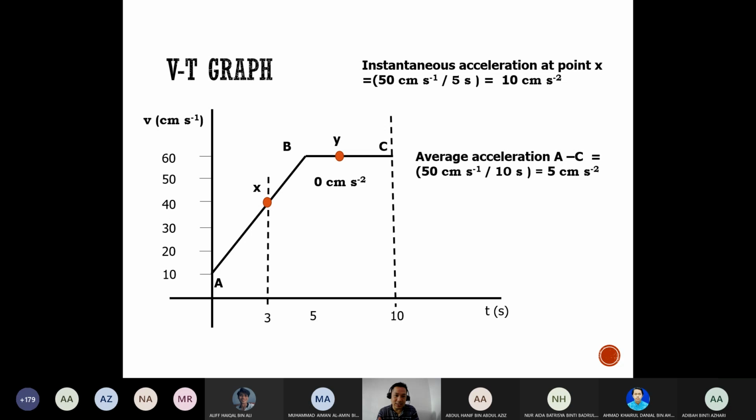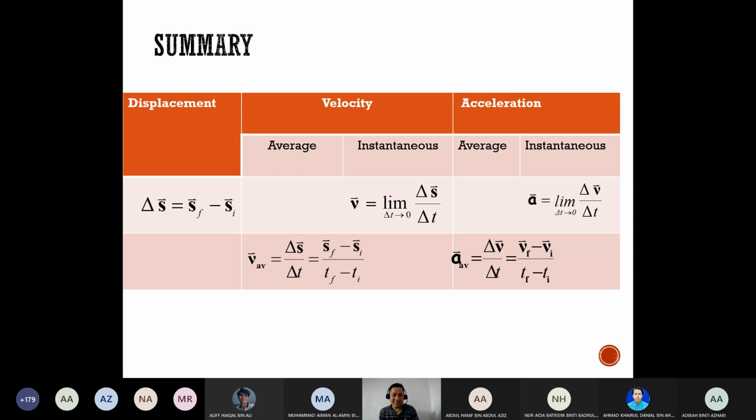The average acceleration A to C is 5 cm, the instantaneous acceleration at x is 10 cm, and the instantaneous acceleration at y is 0. Good, thank God. This is the summary. You need to know the displacement, velocity, and acceleration. For velocity, we have the average and the instantaneous. For acceleration, we have the average and the instantaneous.